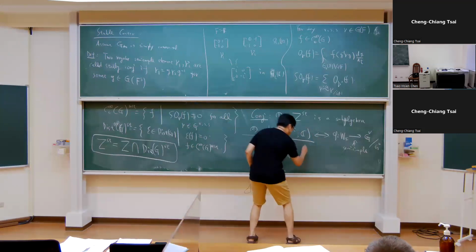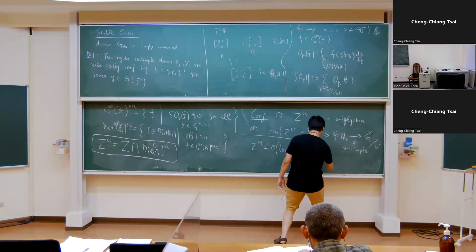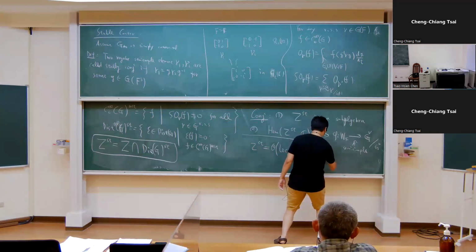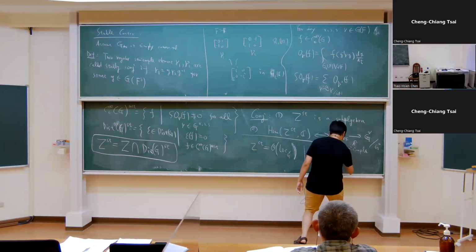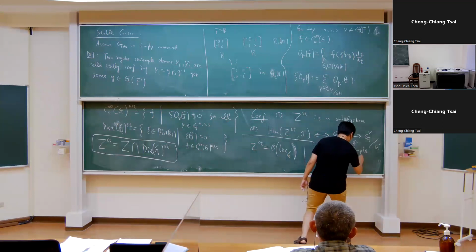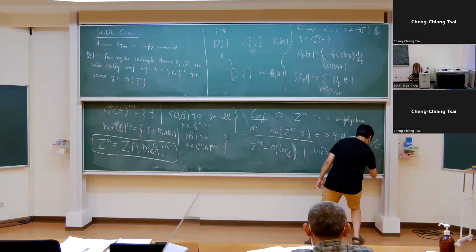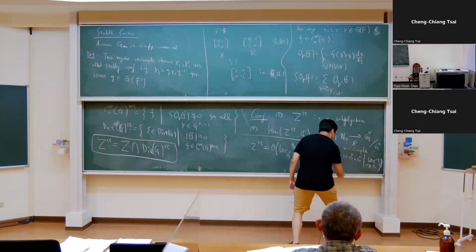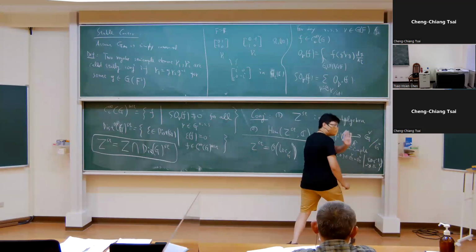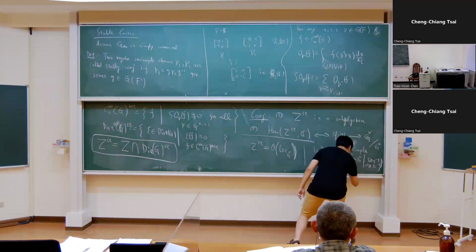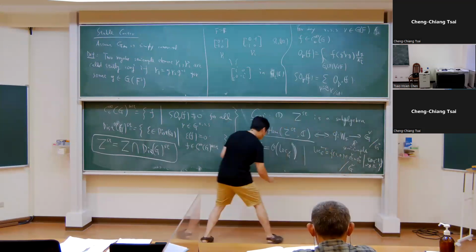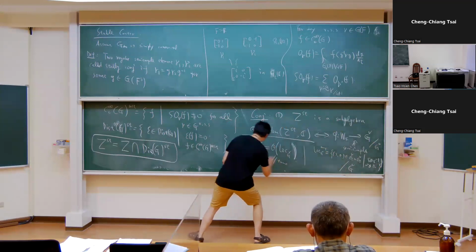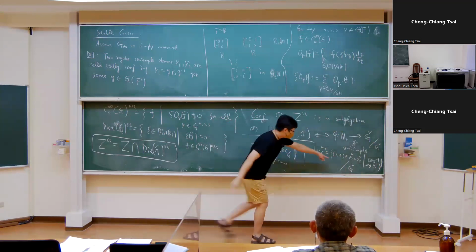For example, you can consider this kind of G check tamely ramified thing. Harrison will talk about it. It consists of pairs S and theta in G check times G check, such that S theta S inverse is theta to the q, and you quotient out by G check, a stack quotient. Then in the tame case, you take the GIT quotient of this.